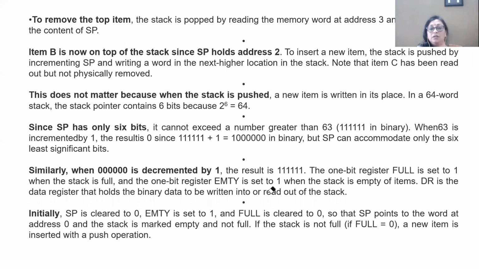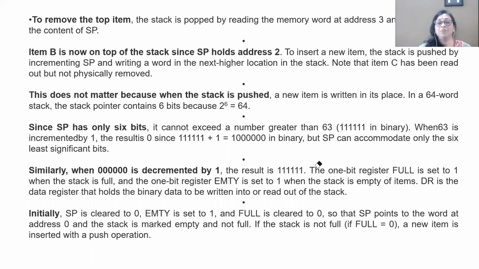Here, as you can see, the 7th bit is 0, but all the remaining 6 bits are 1. So this condition is called the empty condition. Your stack is empty. You cannot delete any more items from the stack. That is what is indicated.